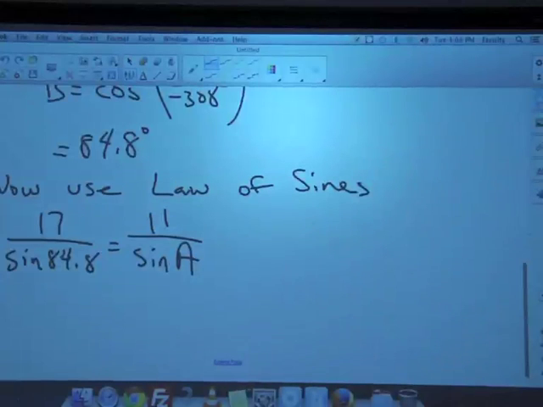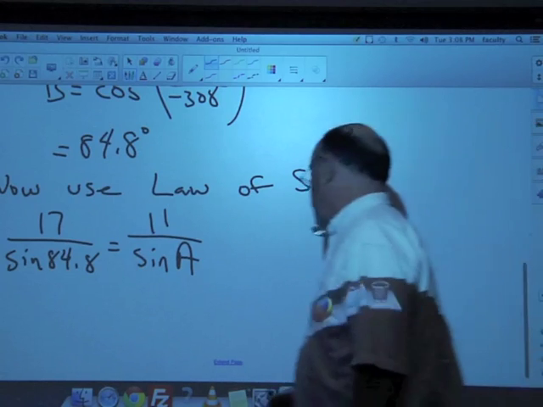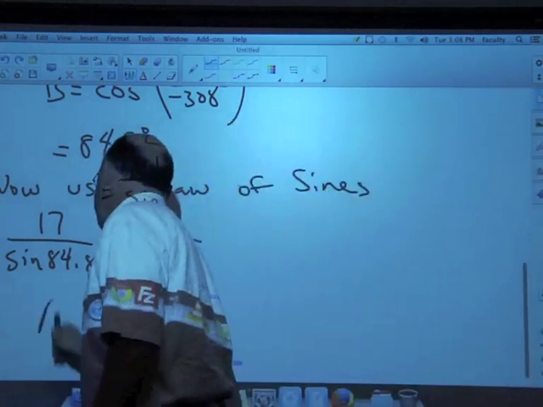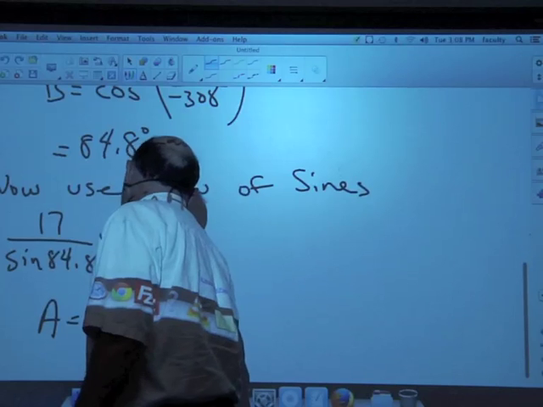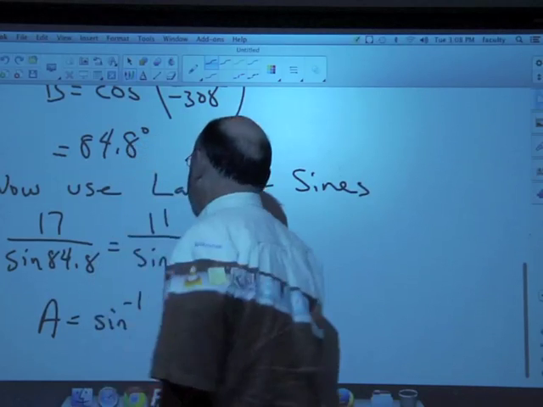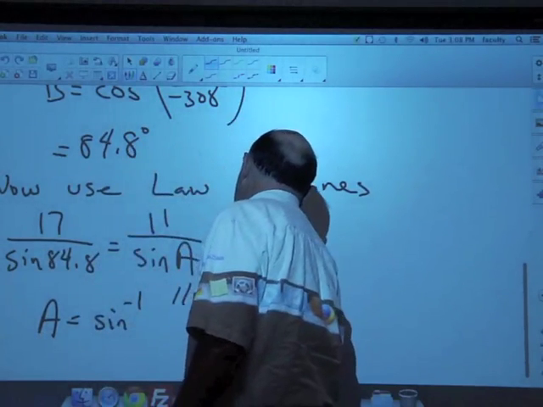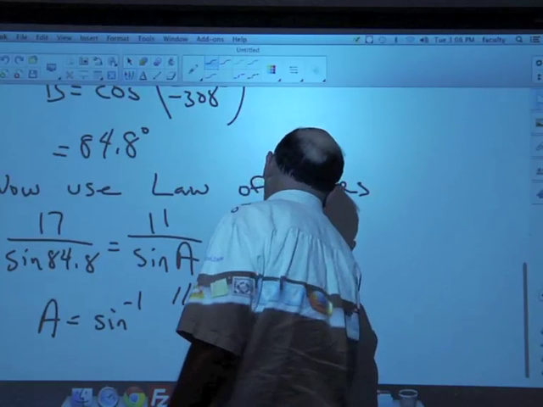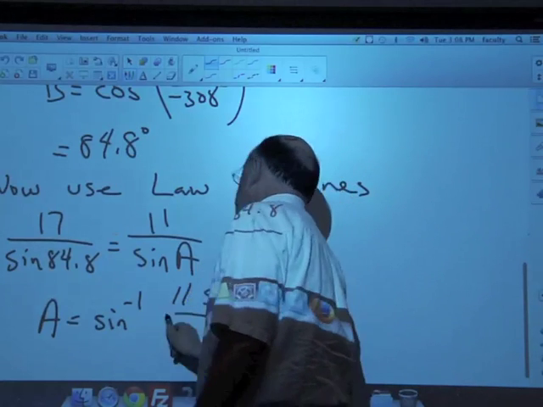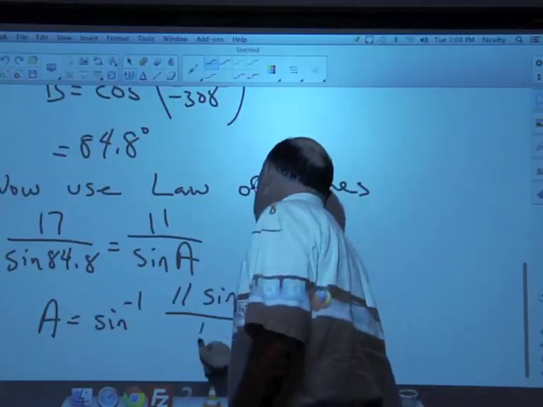Whichever one you want to do, it doesn't matter at this point. So I want to solve that for A. Again, we cross multiply, divide, take the inverse sine. So angle A is going to be the inverse sine of 11 sine 84.8 over 17.